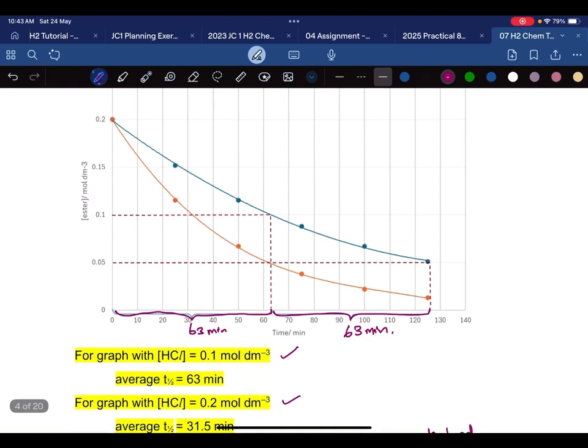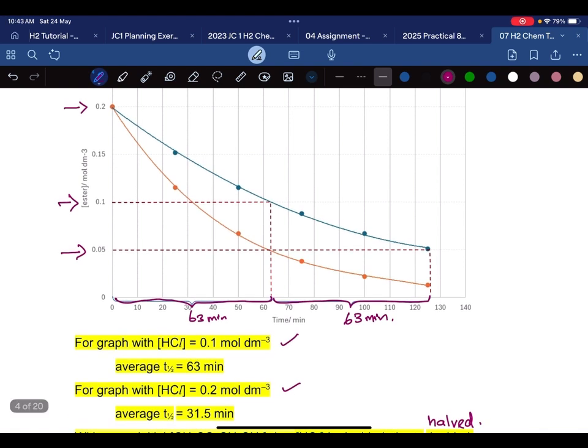So using the initial concentration 0.2, we will have to find the time for concentration of ester to fall from 0.2 to 0.1. And we also need to find the time to fall from 0.1 to 0.05. So from the graph, you can read that the successive T half is the same. So it is 63 minutes.